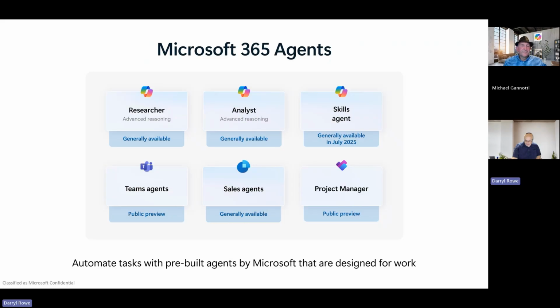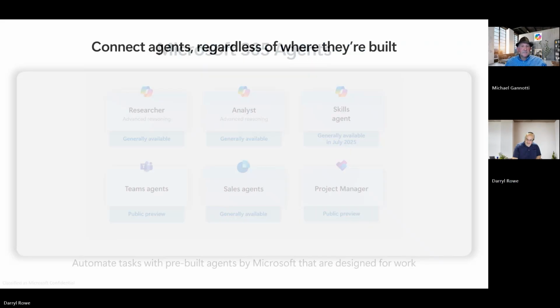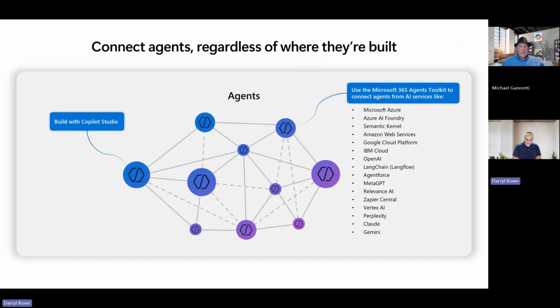What I really like about Copilot and using Copilot Studio to build these integrations is that we have an agent toolkit, and we'll talk about that in a second. And we connect to all these other different AIs, right? We've got our own homegrown, we've got Azure AI Foundry, Amazon, Google, OpenAI, Gemini. This is really just a sampling.